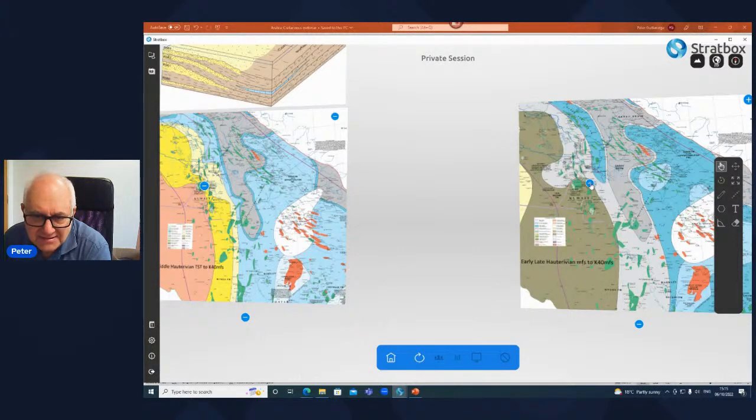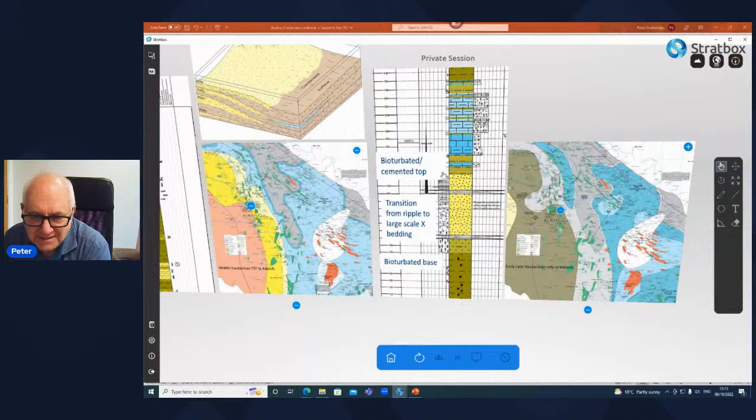Now, this is an example of a sedimentological log through these transgressive sandstones. So we have these typical coarsening upward sandstones, which are then abandoned, and the tops are either bioturbated or cemented. So these are the low stand fans that were reworked during the transgression, and then during the maximum flood, they get abandoned, and we get a low energy marine environment developed over the area.